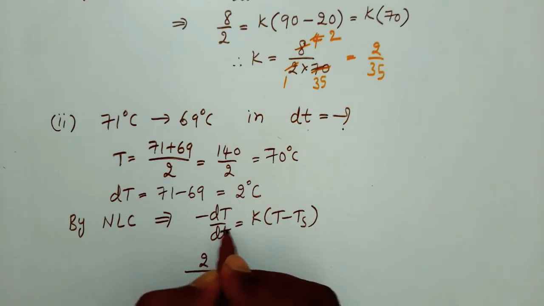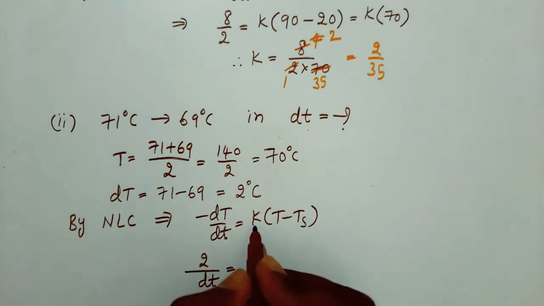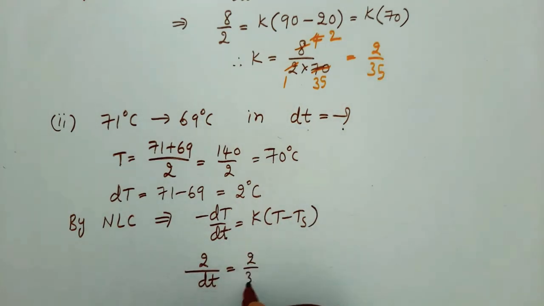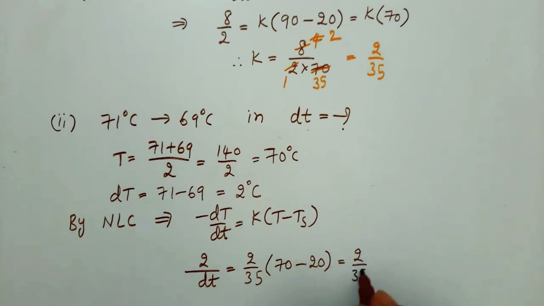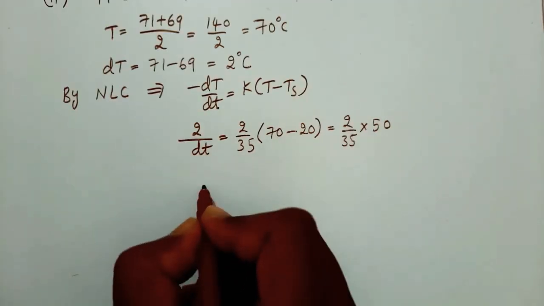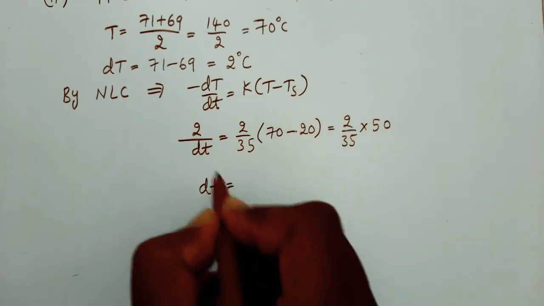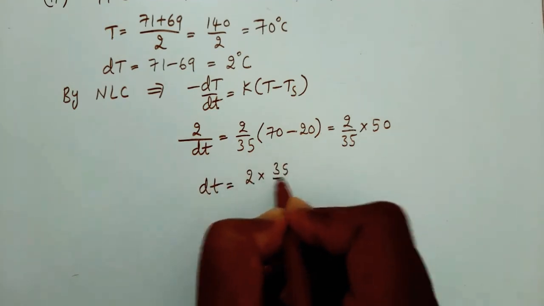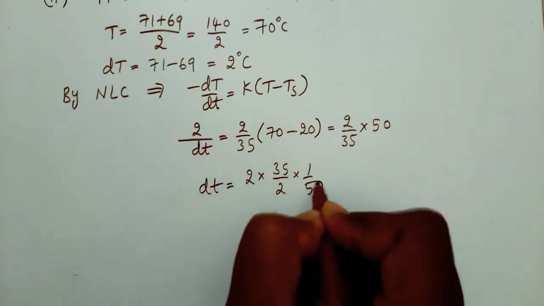Here we have to find dt. We know k is equal to 2 by 35. T is equal to 70, minus Ts is equal to 20. So that is 2 by 35 into (70 minus 20), that is 50. From this, dt is equal to 2 into 35 by 2 into 1 by 50.